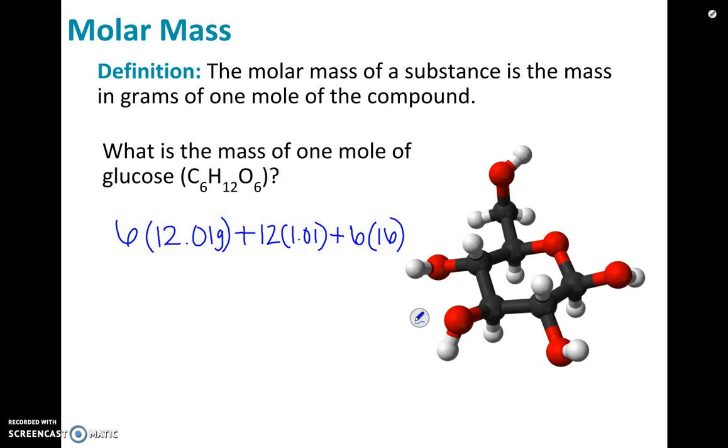So 6 times 12.01 plus 12 times 1.01 plus 6 times 16 equals 180.18 grams. And so we're saying really just grams because we already know that it's in 1 mole because we're saying that it's the molar mass.